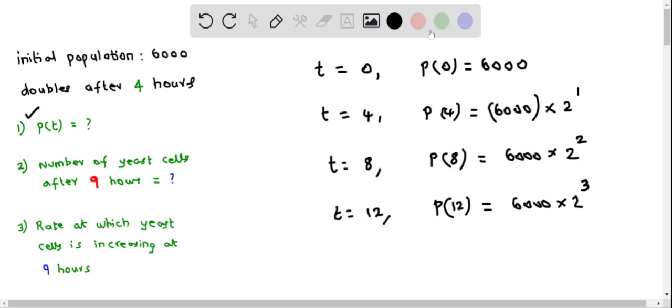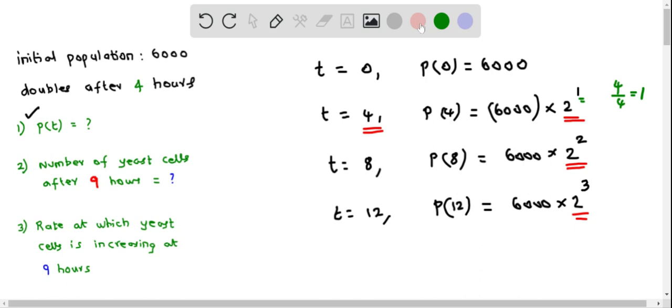Now we have to write this in terms of an expression involving t. So we primarily focus only on these exponents, that is 2 power 1, 2 power 2, and 2 power 3. We need to find a relation for this number. When t equals 4, this power is 1. Maybe we can write this 1 as 4 by 4, which is equal to 1.